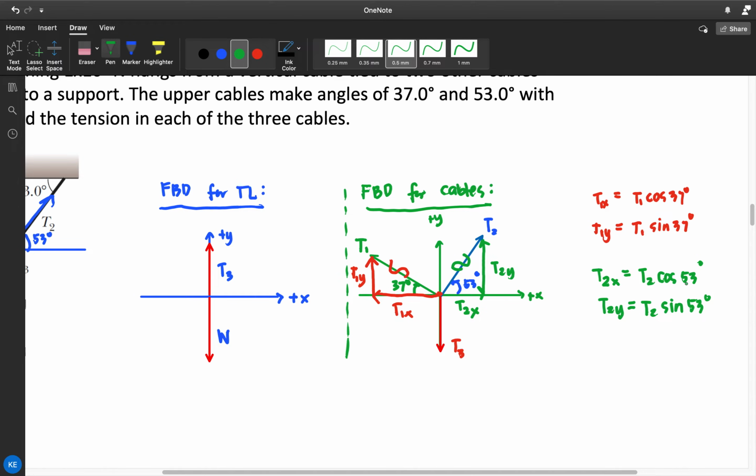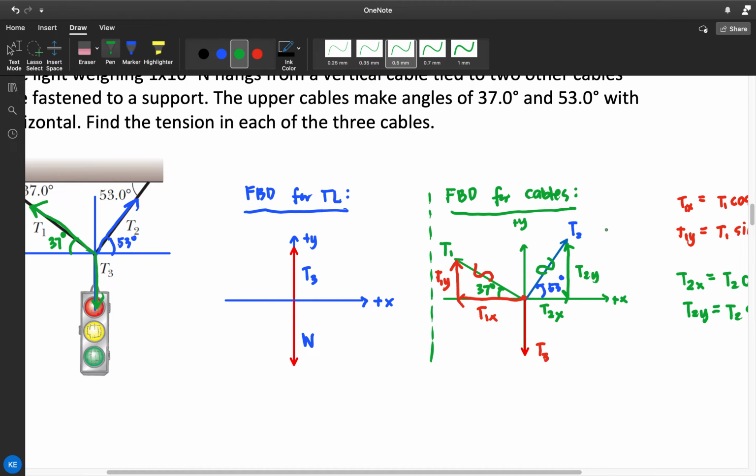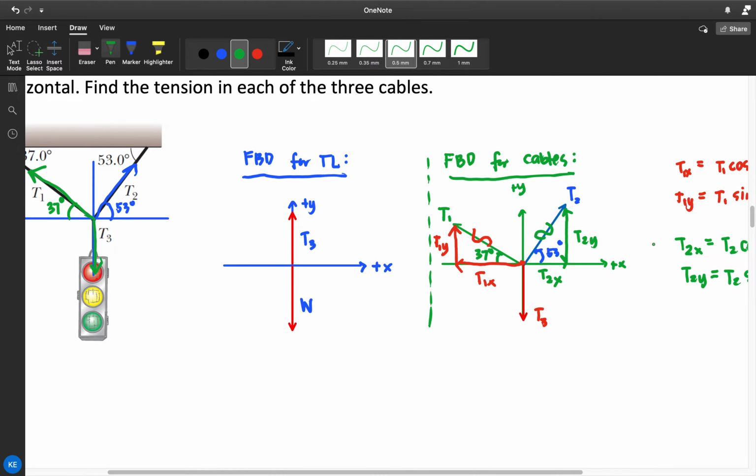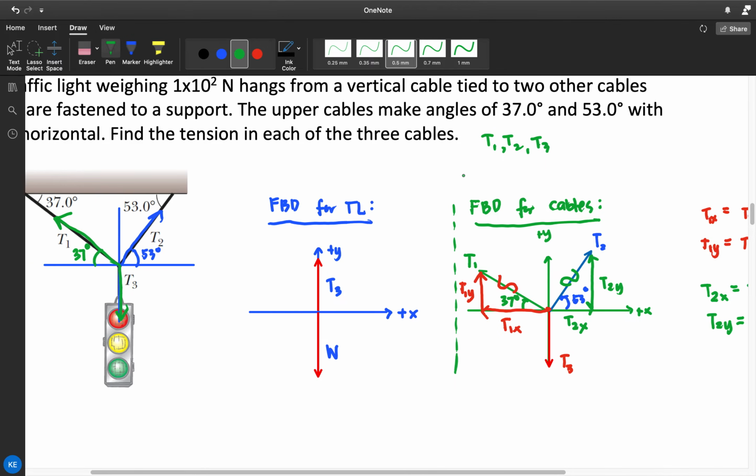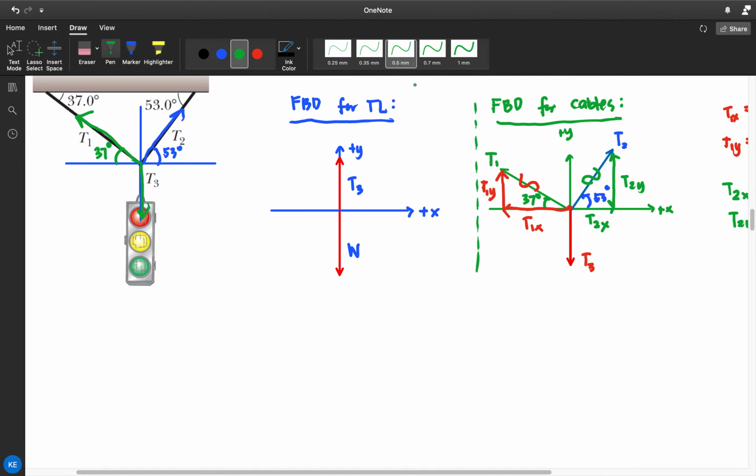Again, what we need to find is the tension in each of the cables. So we need to find T1, T2, and then T3. These are the unknown variables. First things first, I'm going to apply Newton's first law for this first free body diagram. The summation of forces along y is equal to 0.